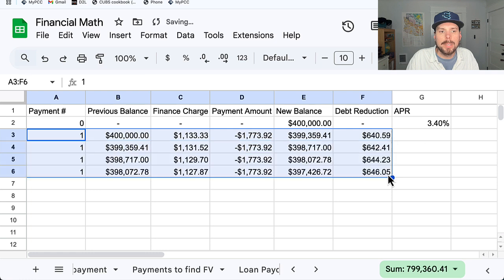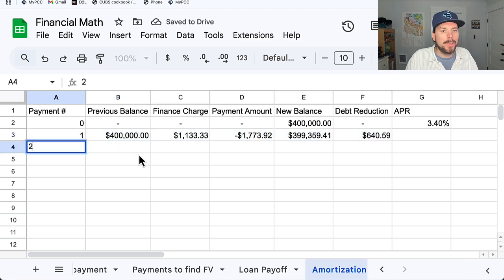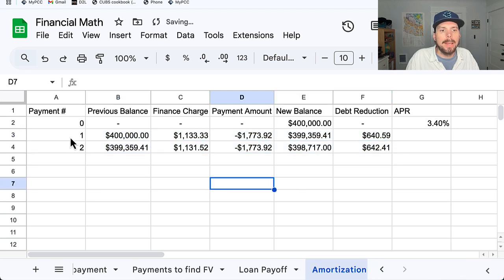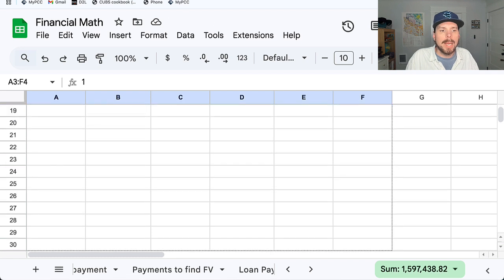And you can try just starting it, but a lot of times we'll have a problem here with this one just repeating. So I would actually recommend typing a 2 first, fill down one row, and now highlight both the 1 and the 2 and everything across. Fill it down until you get to row 362, because we have 360 payments, row 0, and a header.